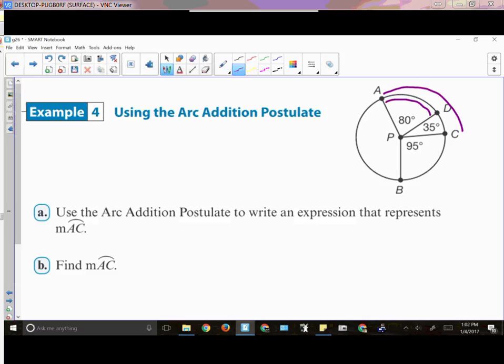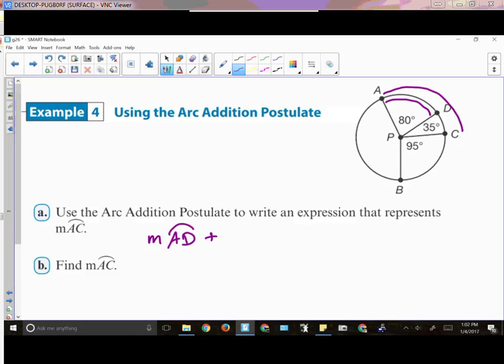So that means I have to have the measure of what? AD could be. Okay.